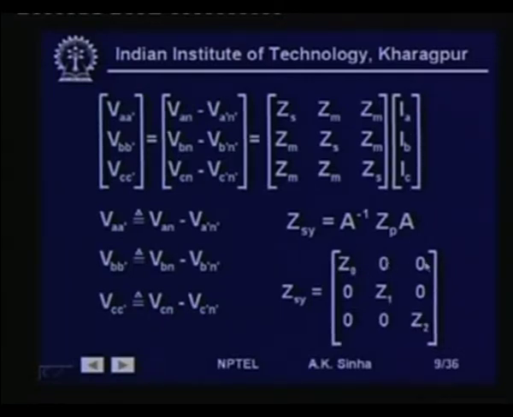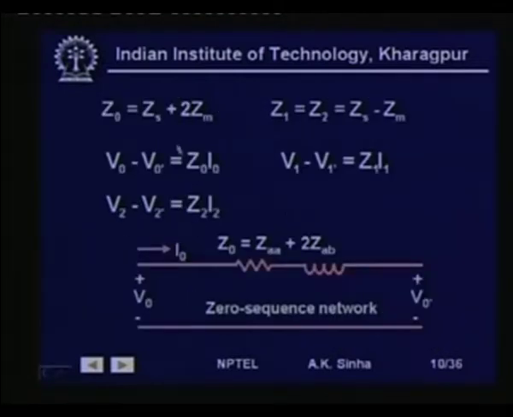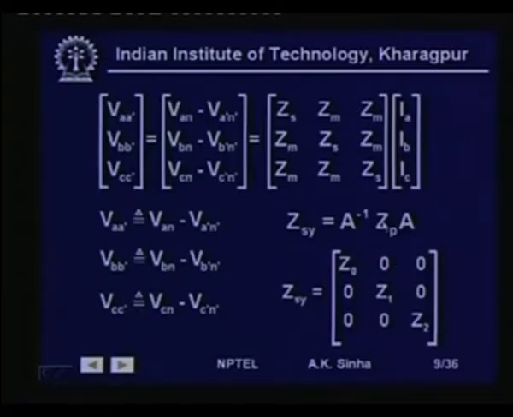Only diagonal elements are there, all the off diagonal terms will be 0, which is the characteristic of a symmetrical component transformation when we do it for a symmetrical circuit. So, we will have Z0 equal to Zs plus 2 Zm, and Z1 and Z2 will be equal, and that will be equal to Zs minus Zm. So, what we find from this relationship is that for the 3 networks we will have V0, V1, V2 equal to Z into I0, I1, I2.